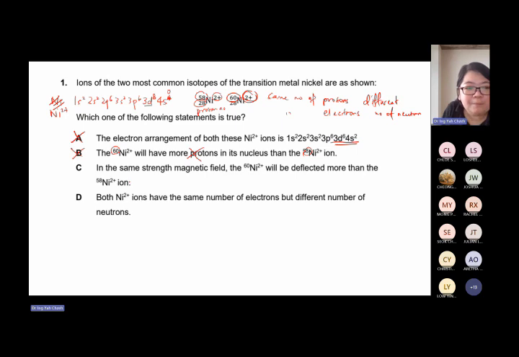B is not correct. Now C, in the same strength magnetic field, the nickel-60 will be deflected more than the nickel-58. Now which one will be deflected more? It is the one that is lighter.